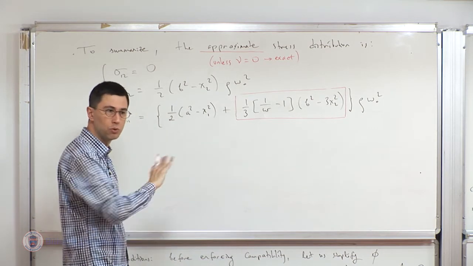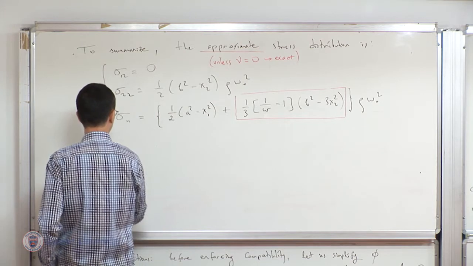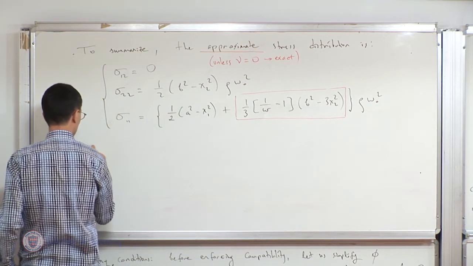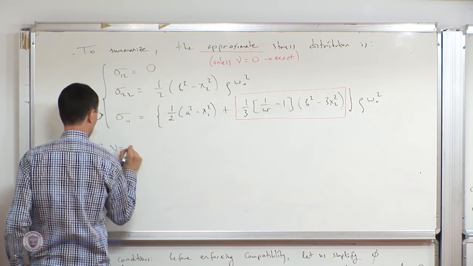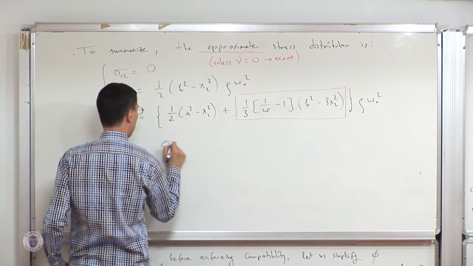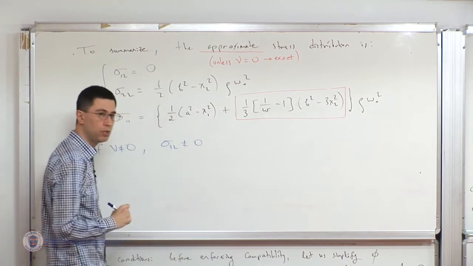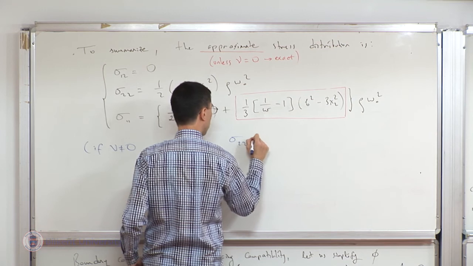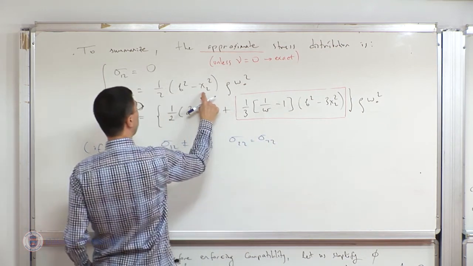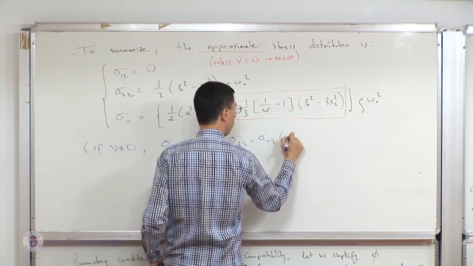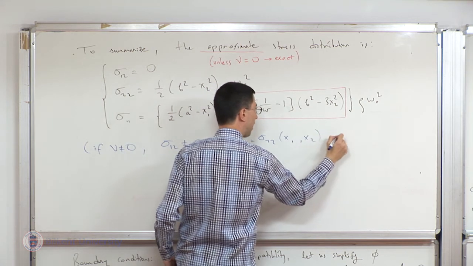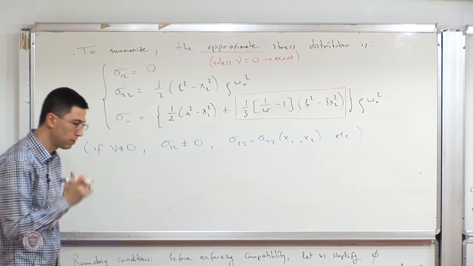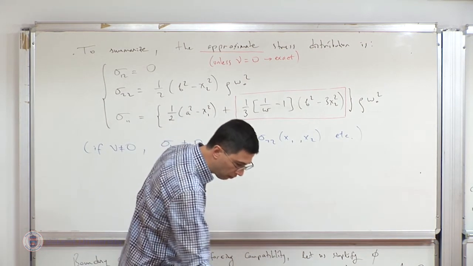That effect influences everything else as well. So if nu is not equal to 0, sigma 1,2 will not be equal to 0. Sigma 2,2 will not be a function of x2 only. It will be a function of x1 and x2, etc. So I am trying to highlight the approximate nature of the solution.